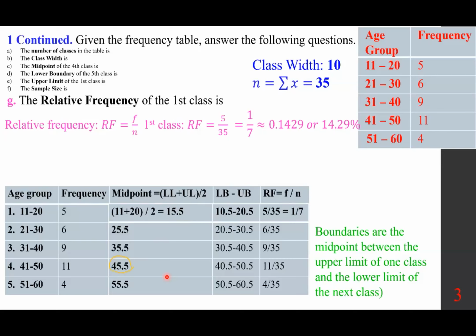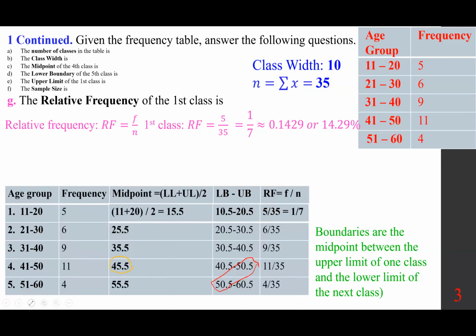I want to discuss the boundaries. Okay. What did we find? We found the lower boundary of the fifth class previously. So we found this one before. Of course, what I'm doing here, I want to find all of them, okay? That's why I put it in the table. So if these two are the same, and I know the width is 10, do I have to calculate the rest of them like that? Just use the 10.